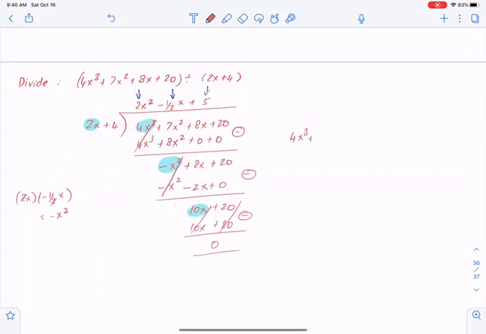So I am able to write 4x cubed plus 7x squared plus 8x plus 20 as the divisor multiplied by the quotient.